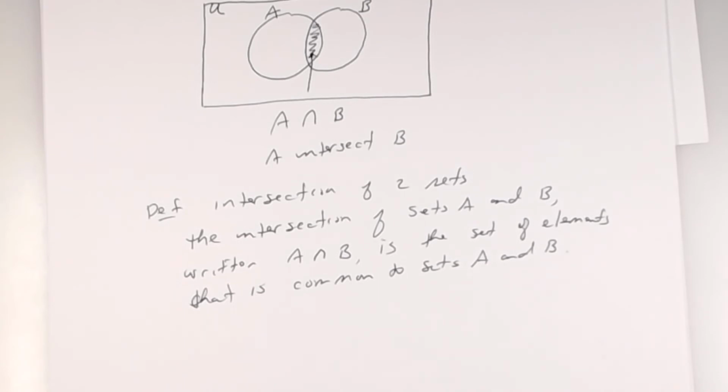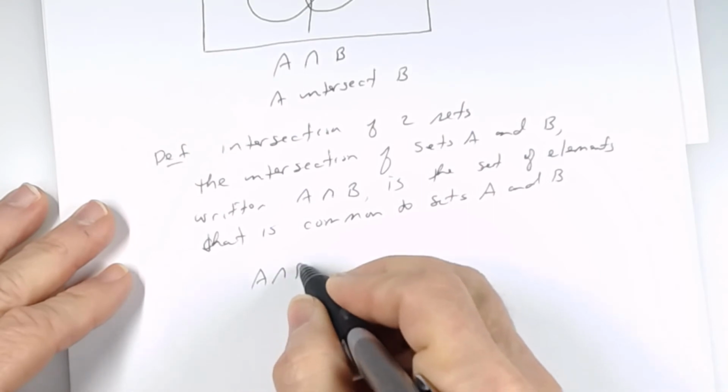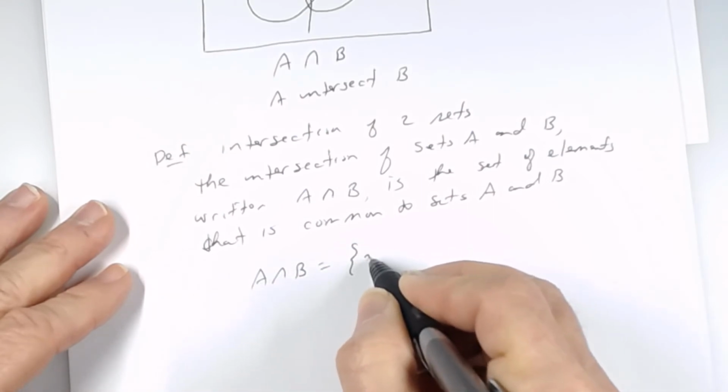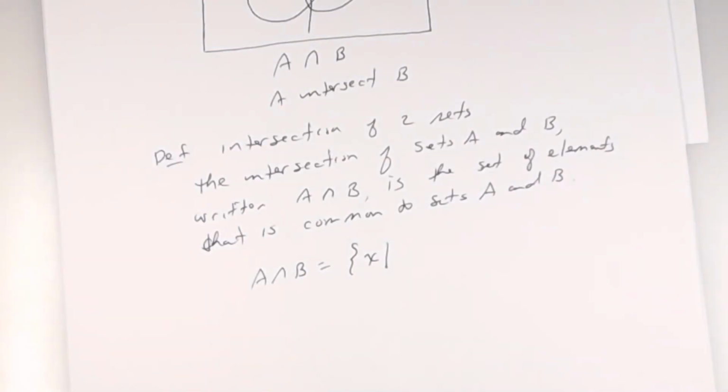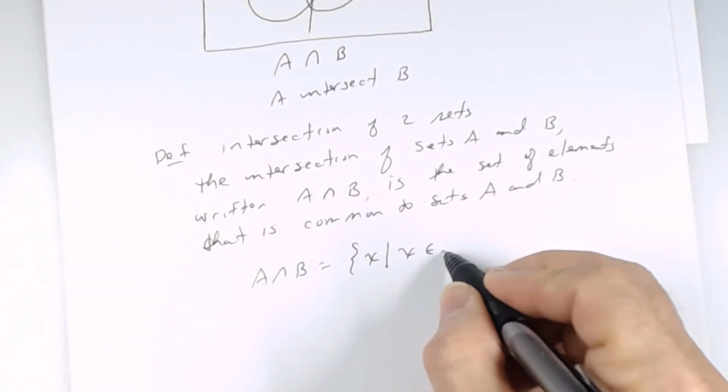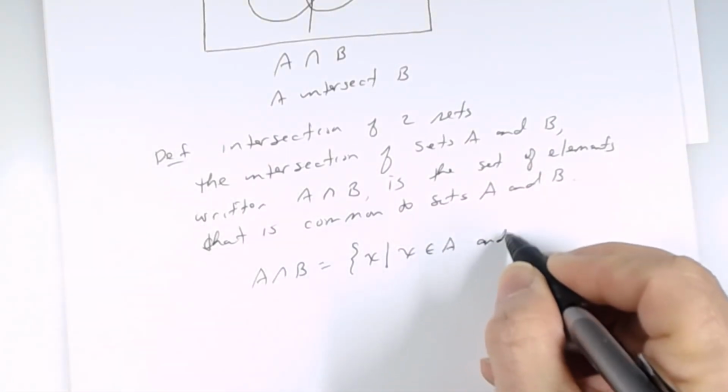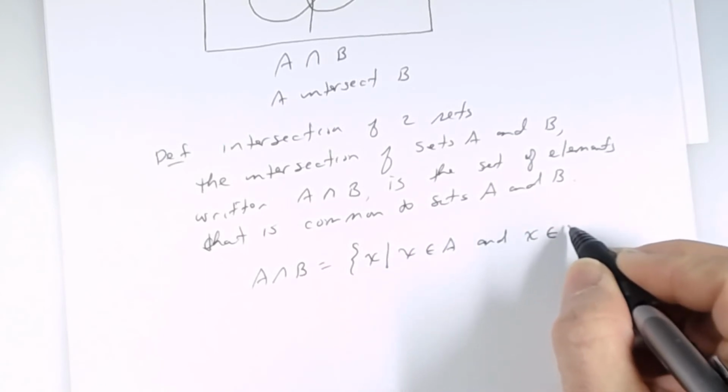Now here's what set builder notation looks like for this. Listen carefully. A intersect B is the set of x's, whatever x may be. It doesn't have to be natural numbers. It could be words, colors, letters, whatever. So I'm not going to put natural numbers here because it could be anything. Here's how we denote it: the set of x's such that x is an element of A and x has to be an element of what?